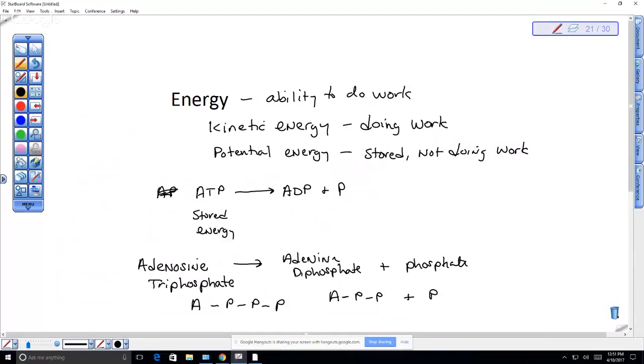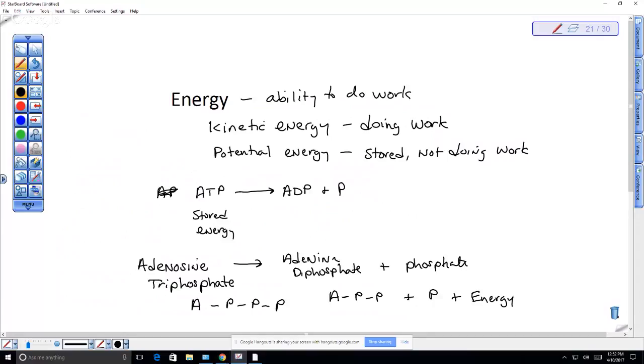Plus a P. Okay. So we have removed one of the phosphate groups, right? And when we remove the phosphate group, that changes the electron orbits, right? And the electrons come back towards the adenine, and that releases energy. And so this is the release of energy.